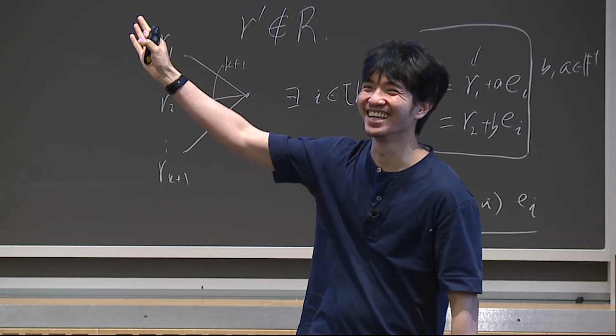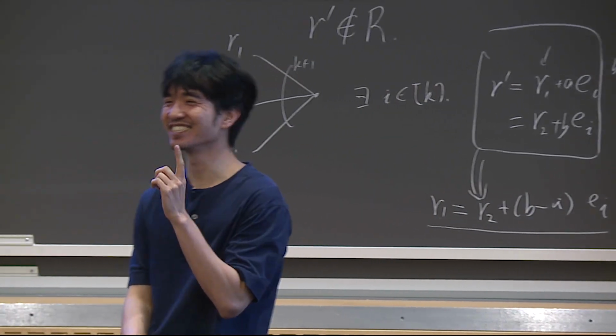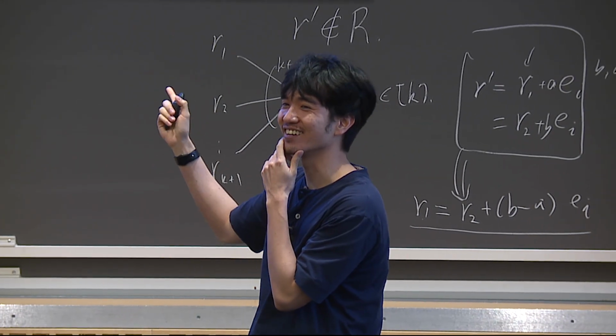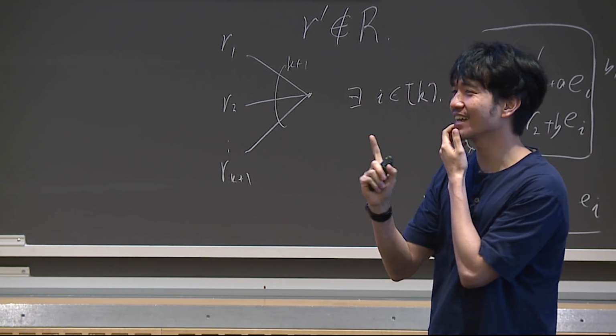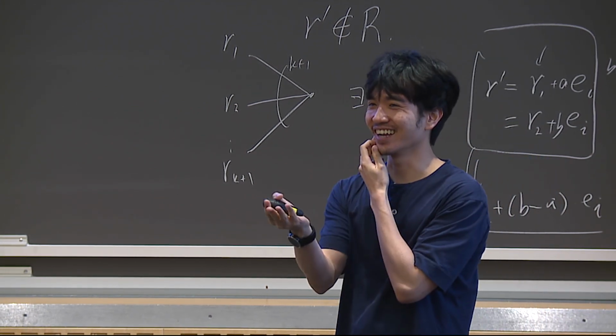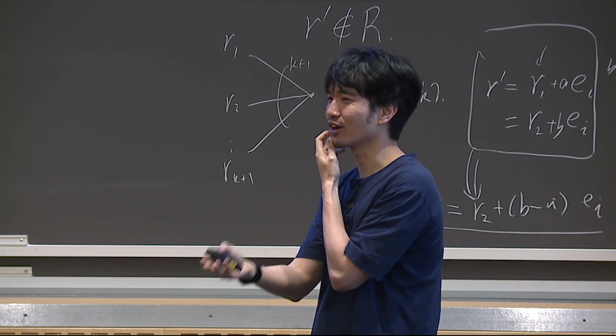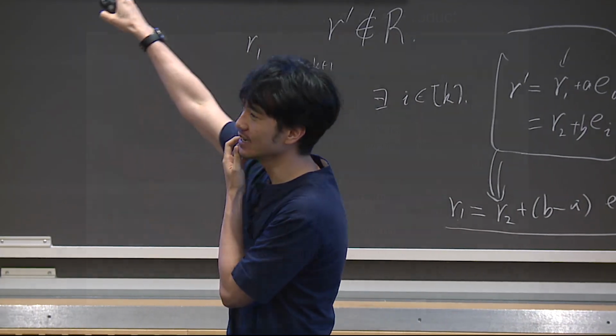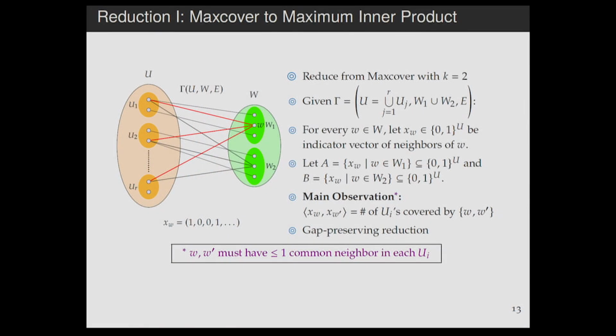Yes. This is your question, right? Yeah. So I lied to you a little bit, and Saket already caught on. I lied to you because the inner product is the number of common neighbors. But in general, if you look at a general instance, you could have more than one common neighbor in the same supernode, right?